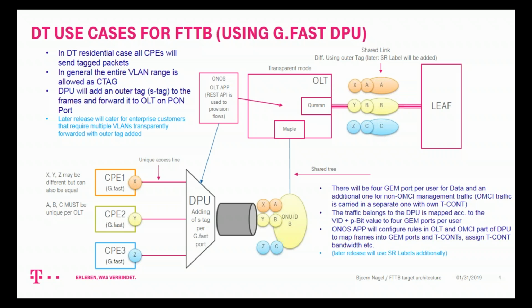That includes an additional identifier, which is the owner ID. Then the OLT has to handle that transparently in the first phase. In a later release, we will probably use segment routing labels for that, which represent more or less the DPU.